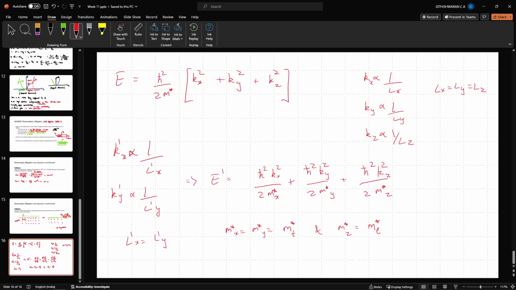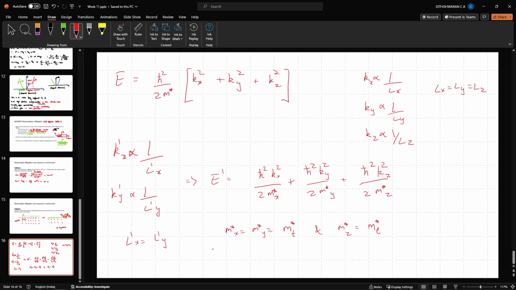Now, of course, that doesn't make much sense. We will have to arrive at a single effective mass. Overall, again, I will want an expression like this, so I will have to replace this mass by an effective mass, and we can already see that E is proportional to 1 by m. Therefore, this is similar to a serial addition of capacitors.